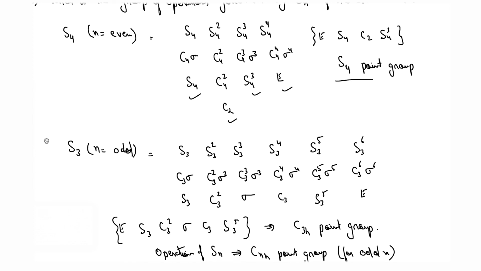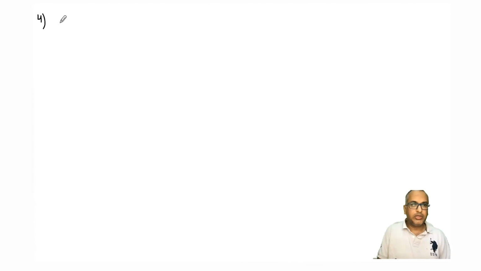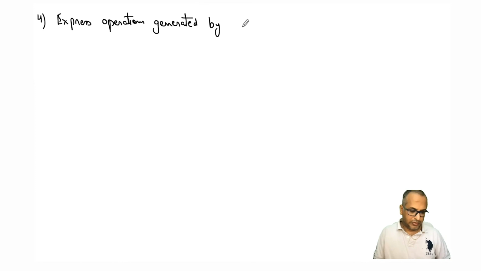Okay. Let's look at one last question and then we can stop for today. The fourth question is: express the operations generated by S5 and S8 in conventional notations.